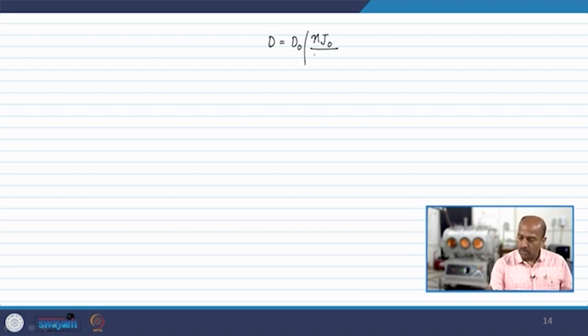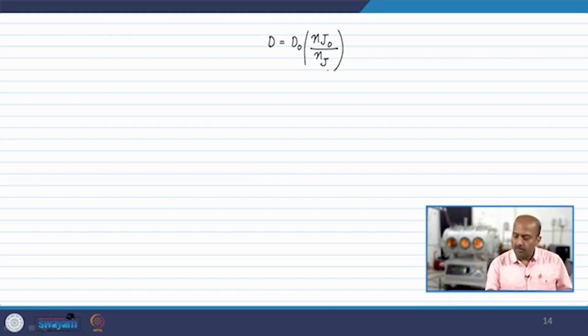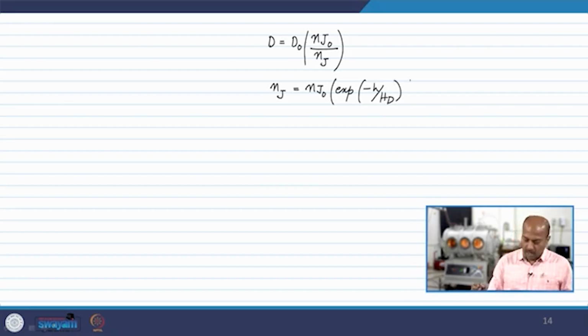So, with respect to a reference, the diffusion coefficient D can be written as D naught times nj0 by nj. When the major species j is in equilibrium with respect to time, including the gravity field, we can write nj as nj0 times exponential minus h by HD.